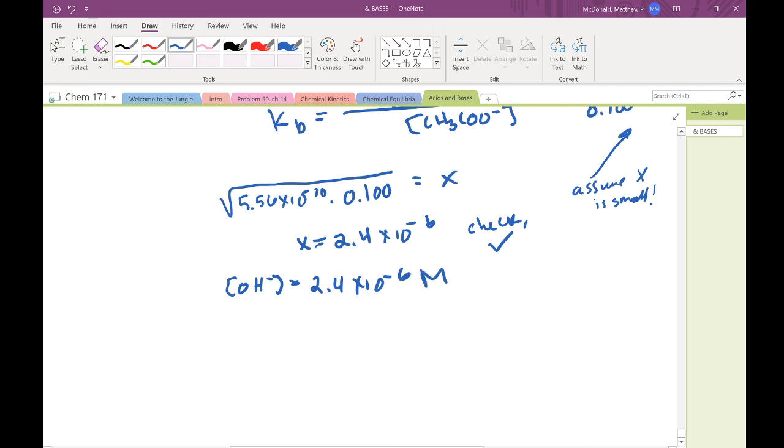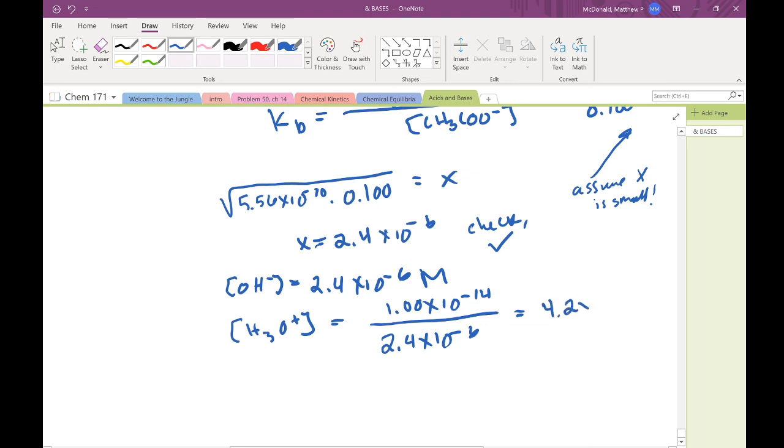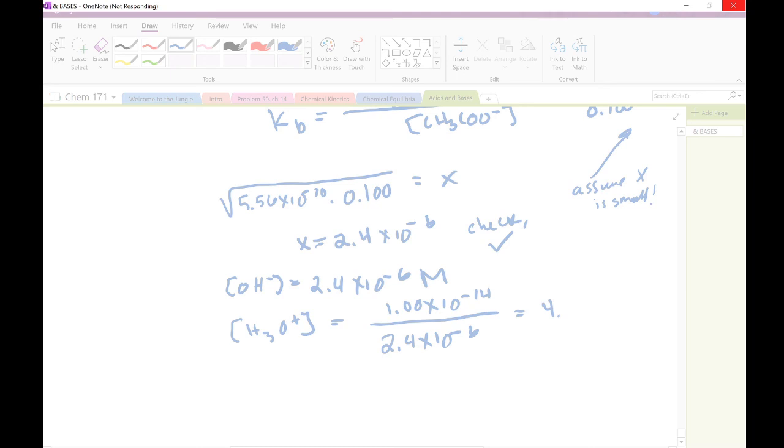Now we can calculate the H3O plus concentration because we're interested here in the pH. So H3O plus is equal to 1.00 times 10 to the minus 14, that's Kw, divided by 2.4 times 10 to the minus 6, and we end up with 4.2 times 10 to the minus 9 molar.